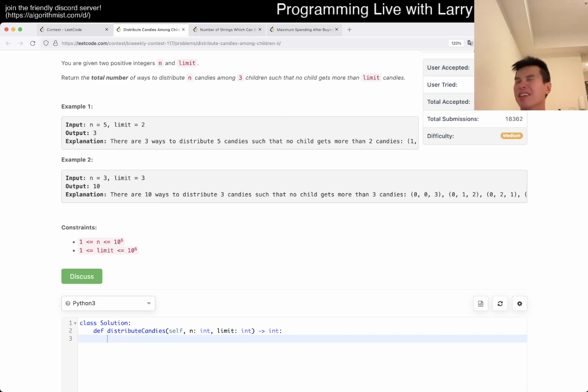And then inclusion exclusion. Wow, I'm just stuck on this one. I'm trying to still even just think whether it's math or simulation-y.